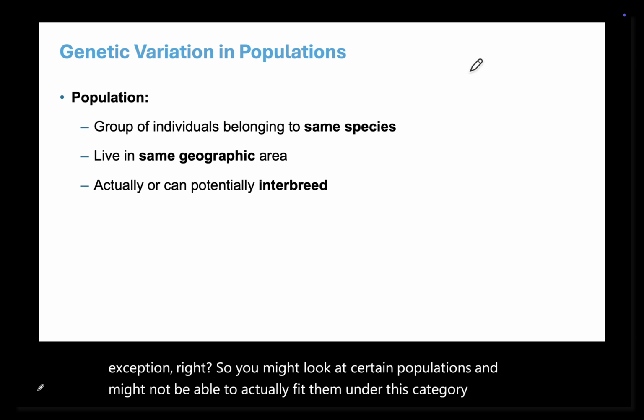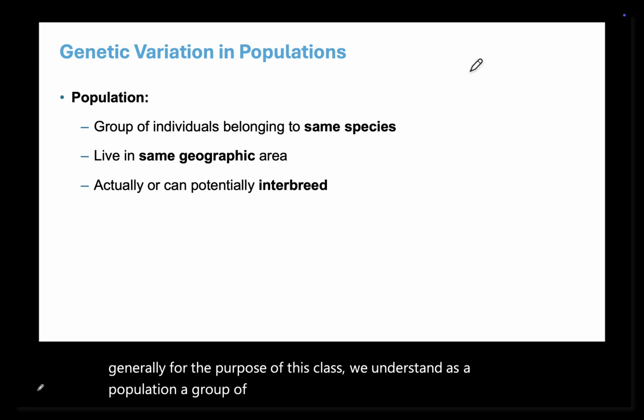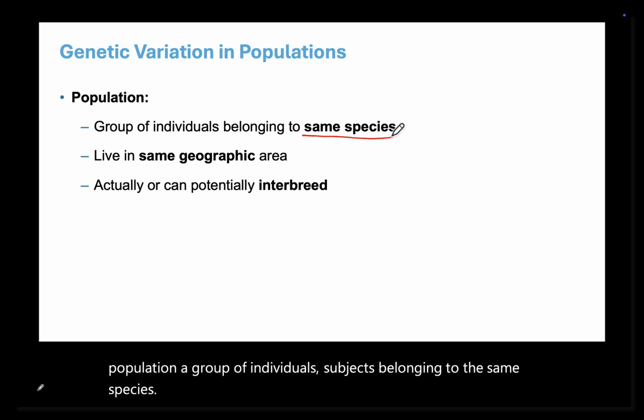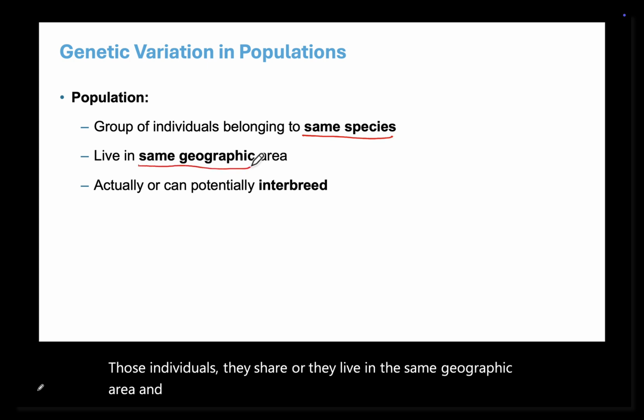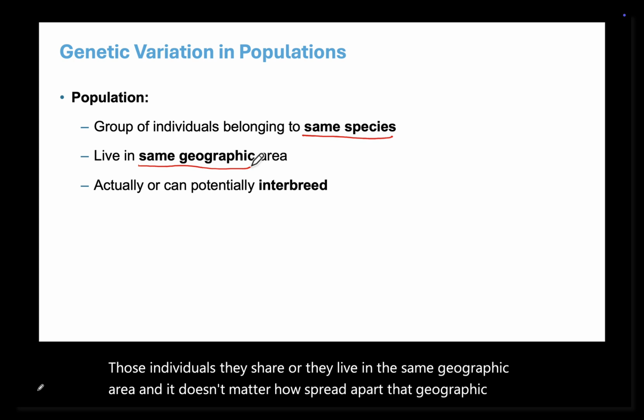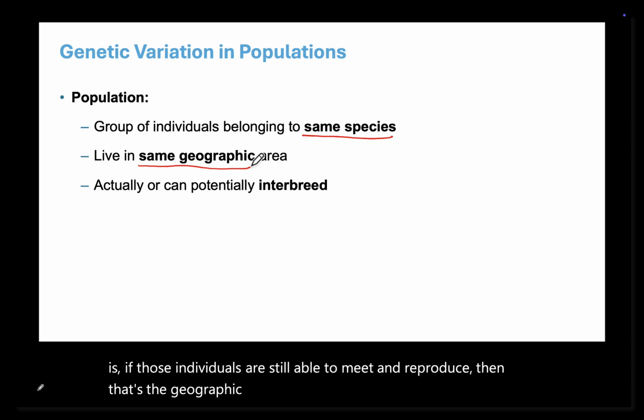But generally, for the purpose of this class, we understand as a population a group of individuals belonging to the same species. Those individuals live in the same geographic area. And it doesn't matter how spread apart that geographic area is. If those individuals are still able to meet and reproduce, then that's the geographic area that they occupy.